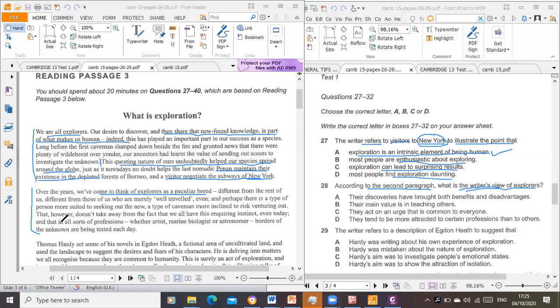Now, I suppose he wants to introduce his own idea. That, however, doesn't take away the fact that we all have this inquiry instinct. Even today, in all sorts of professions, whether artists, marine biologists, and so on, the unknown is being tested each day.